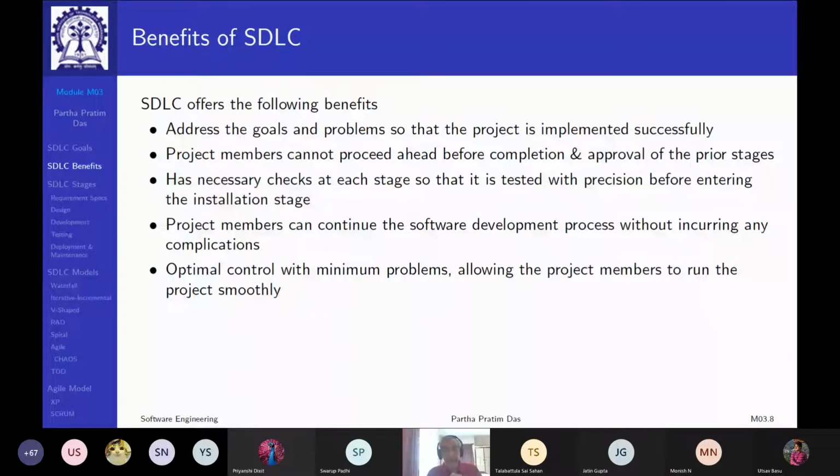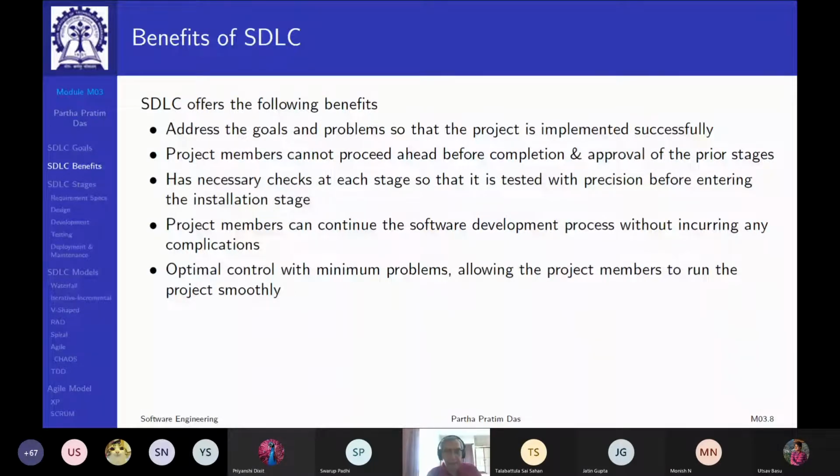Project members cannot proceed ahead before completion and approval of the prior stage. Remember, management control. Okay? So you cannot just keep on doing things and then you do something, your friend one goes in a different track, friend two goes in a different track, and after 1 month, you find that the code is not integrable. Such kind of things cannot happen if you follow SDLC properly.